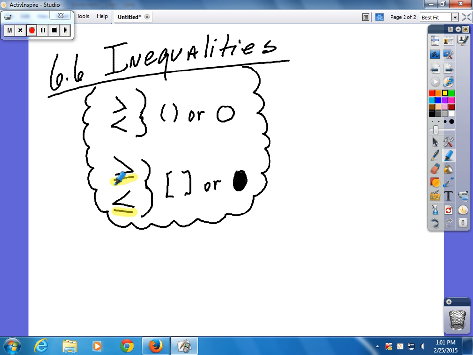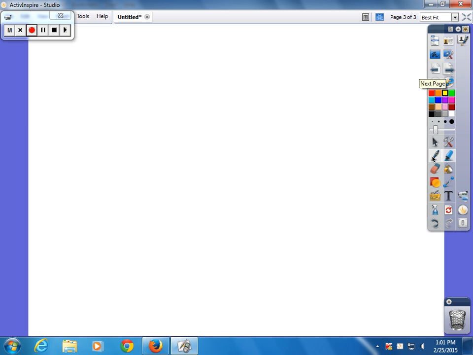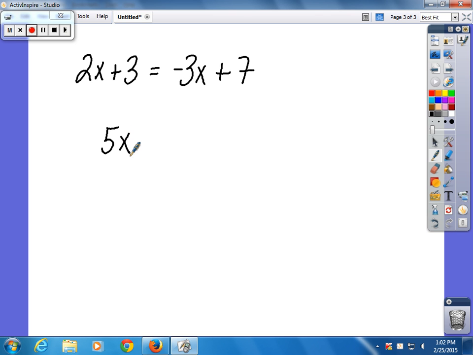Well, let's take a look at this example. We used to do 2x plus 3 is equal to negative 3x plus 7. All right, that's what we used to do. This is an equality, and we solve it the same way. That negative 3 will come over and make 5x. That negative 3 will come over and be 4. And x is equal to 4/5.